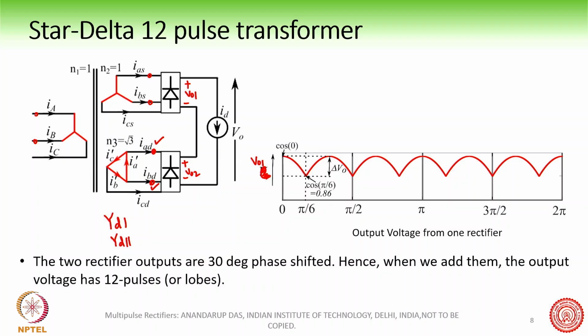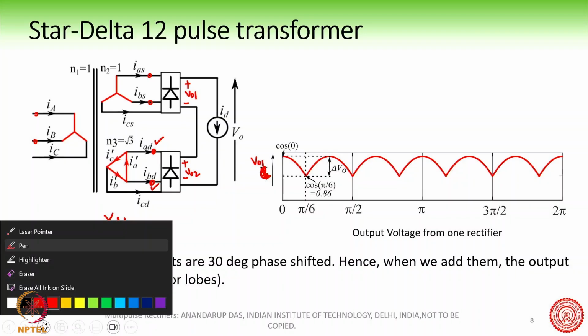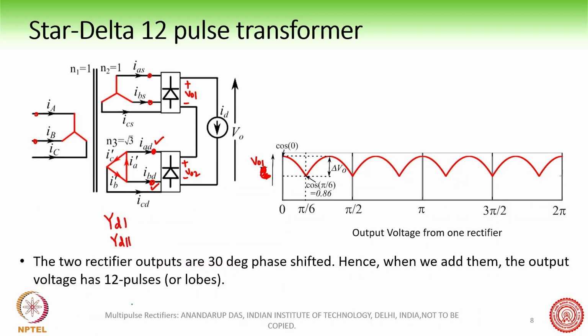So if we now plot V02 on this waveform, what will we see? Let us plot that. So this is 30 degrees, so this is 60 degrees, which means the waveform of V02 will be something like this.